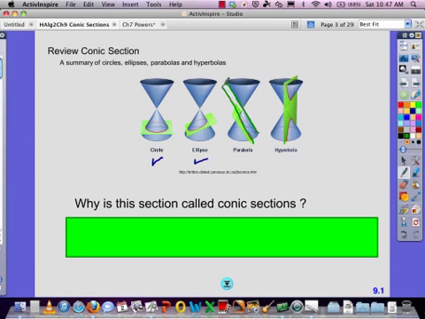So it's sort of like parallel to the cone. So if the plane is parallel to the angle made by the double cone, then you will get that red portion that represented your parabola. So we've got a circle, we've got an ellipse, and we've got a parabola with our plane. What else could we do with that plane?